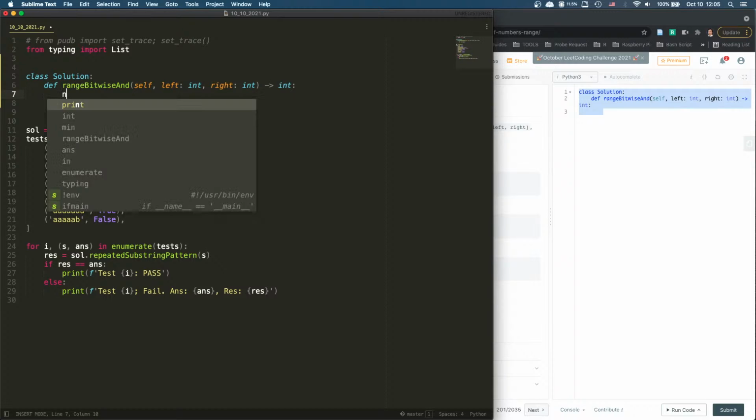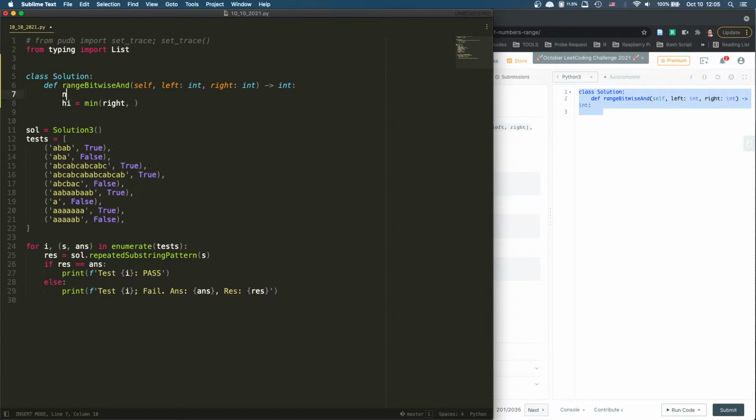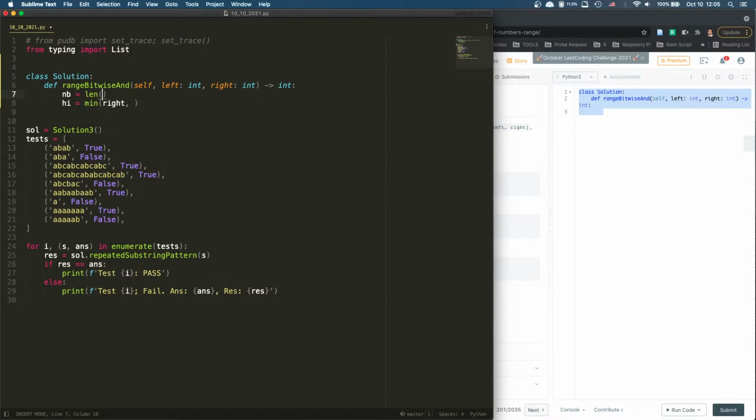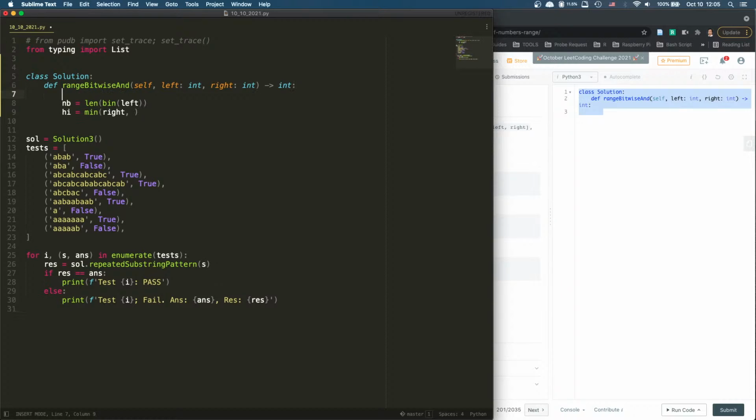Well, let me say n, number of bits, equals len of binary left. We're going to call binary left the first time. So binary left equals bin(left), and I think [2:], because that's 0b at the beginning, right? So that's the binary left.